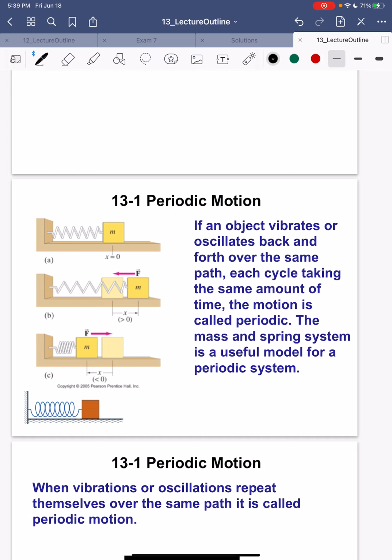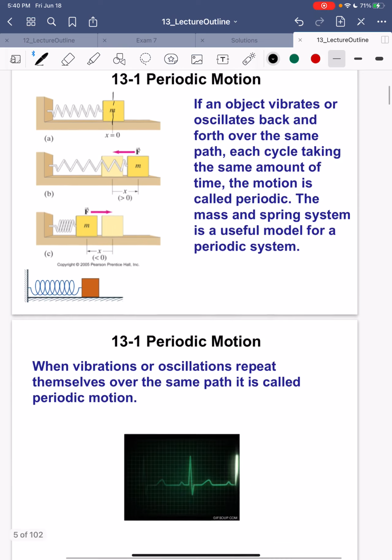It is one of the systems that we are going to study. Here we have the equilibrium position, and then the spring was stretched to the right and then released. We are going to assume at the beginning that we don't have any frictional forces, and then the mass is going to oscillate back and forth about what is called the equilibrium position.